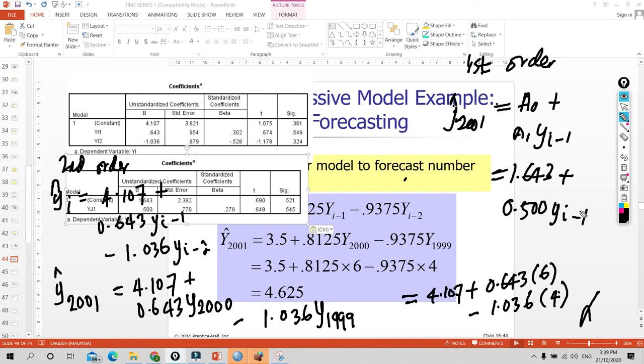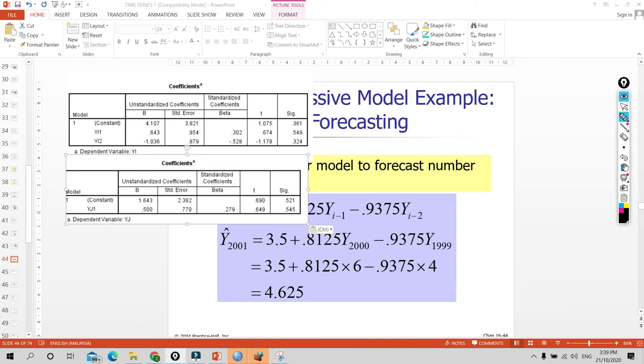Okay, so I just cancel this off. Now let's say I want to estimate using the first order. The first order is yi equal to a naught plus a1 yi minus 1.